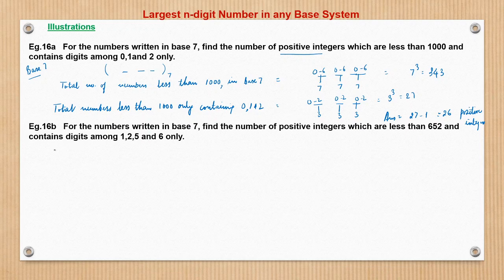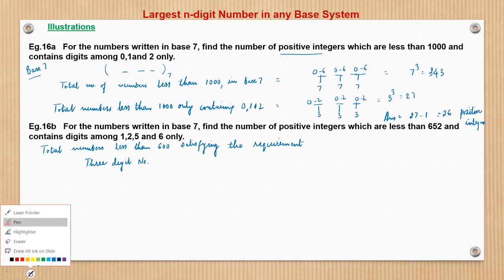First we will find the total numbers less than 600 satisfying the requirement in the question. First we check for 3-digit numbers.